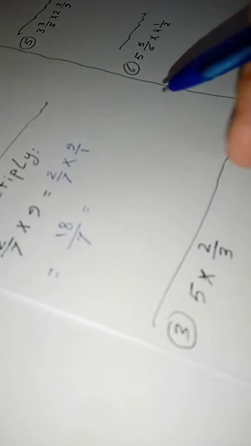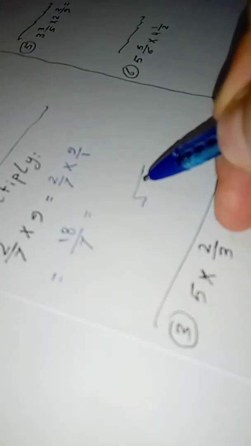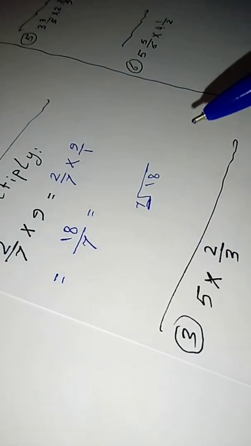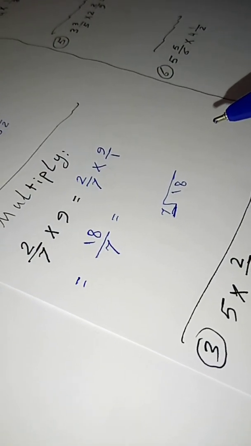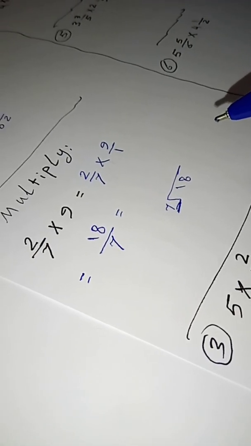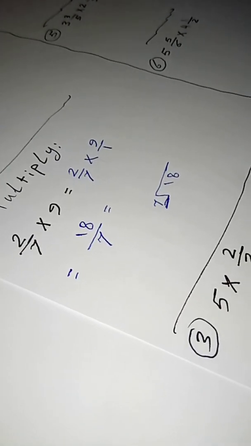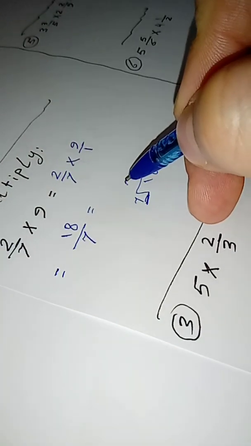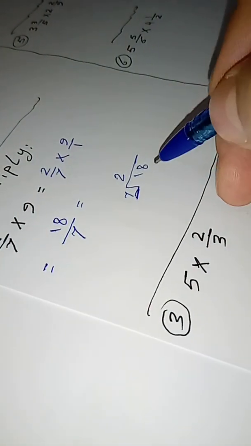How? Use long division. Here 18, here 7. Now which number times 7 equals 18? 2 times 7 will be 14, 3 times 7 will be 21. So the suitable number, use 2. 2 times 7 will be 14.